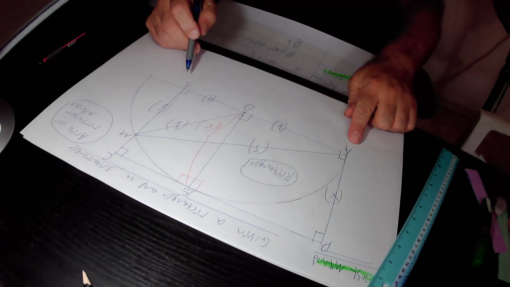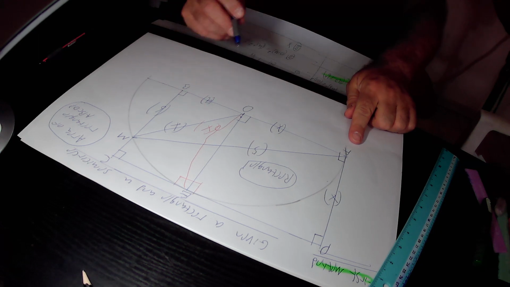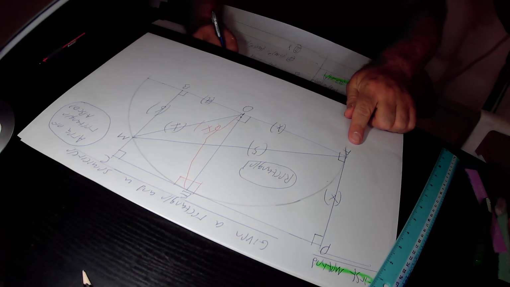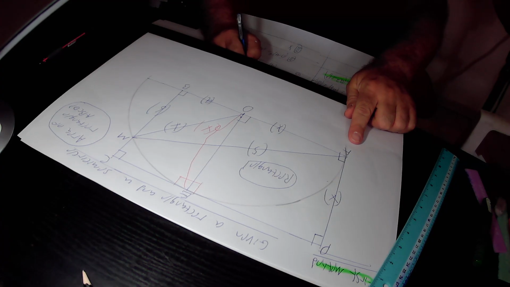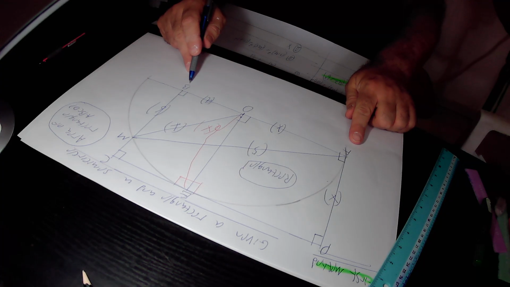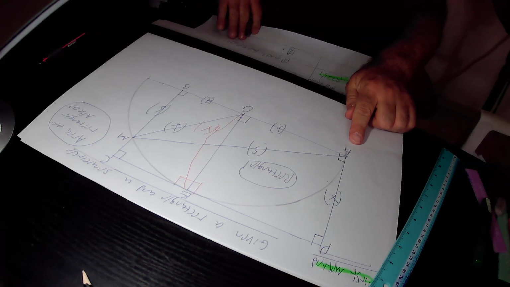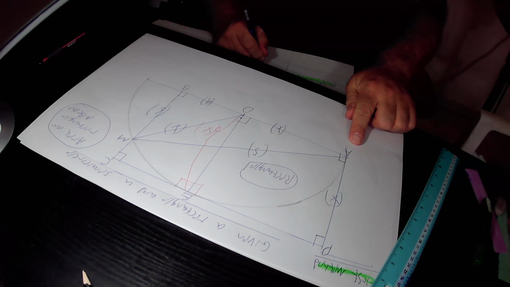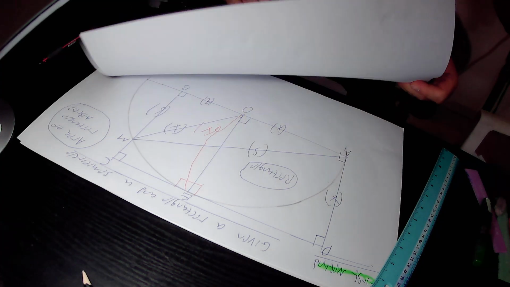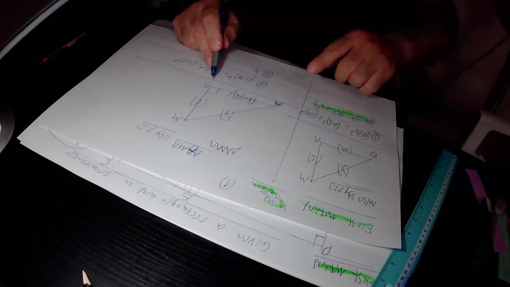Actually, this is the big right triangle AMB. Side AB in total equals x plus a.